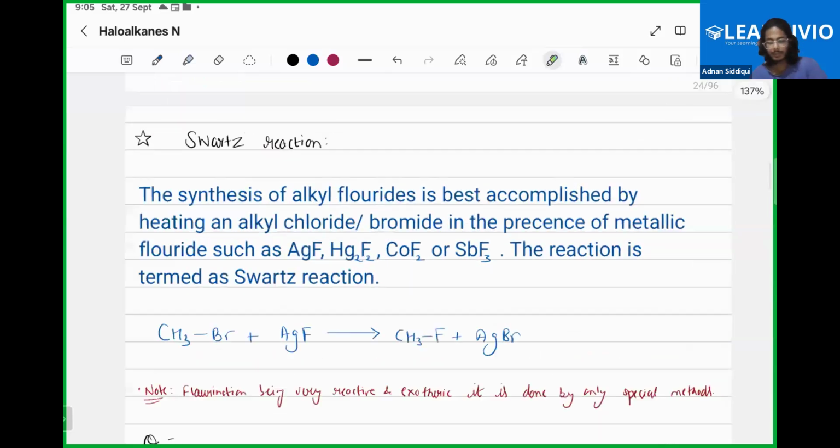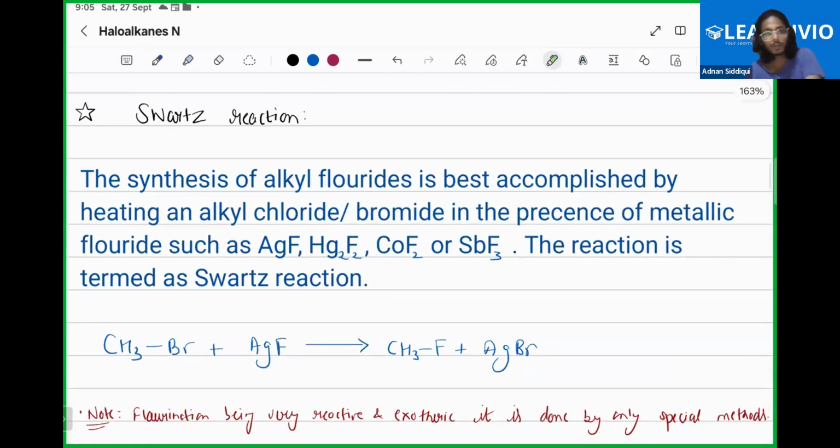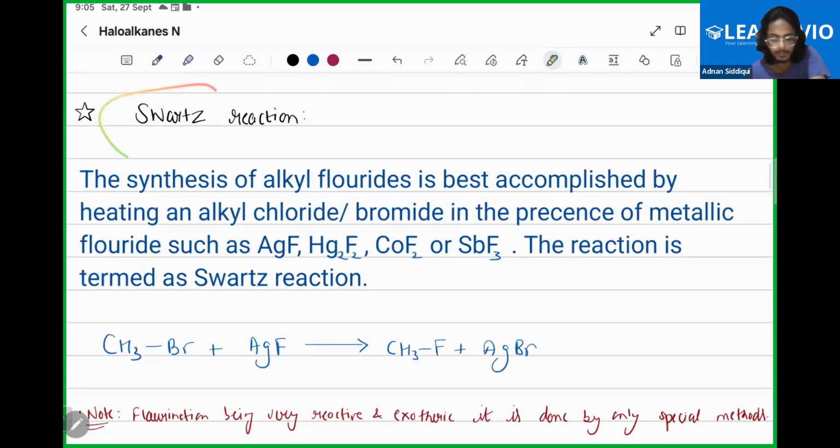Now, the Swarts reaction. Let us see whether you are able to answer this as well. What is the Swarts reaction? It is basically preparing alkyl fluorides by reacting alkyl chlorides or bromides in the presence of metallic fluorides like AgF. You can learn any two of them; you don't have to learn all of them.